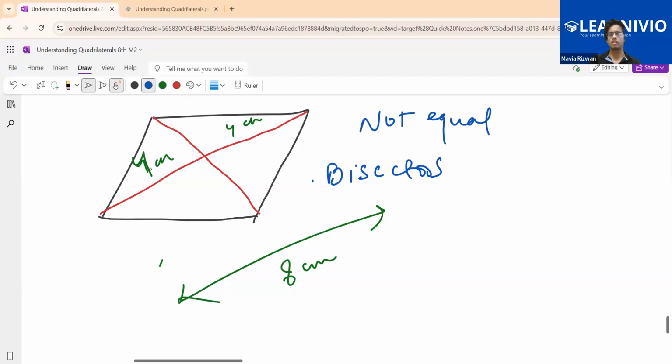And if this diagonal is, let's say, 6 centimeter, so this would be 3 centimeter and this would be 3 centimeter. Basically they cut each other in half. This is what we have studied in the previous classes.